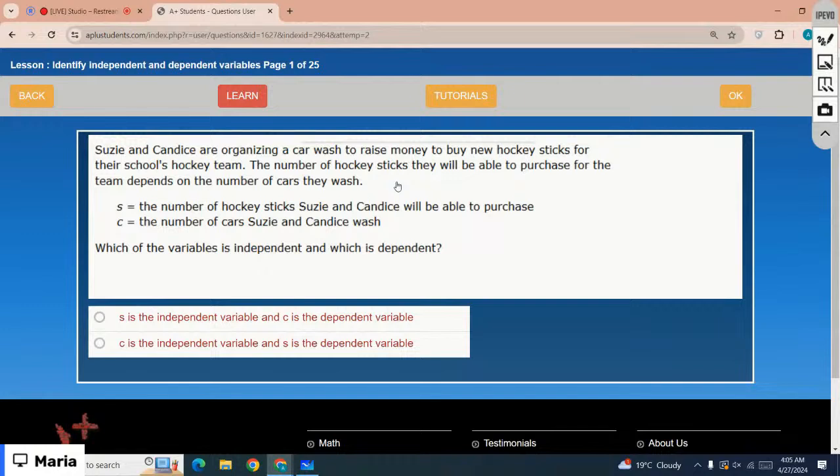The number of hockey sticks they will be able to purchase for the team depends on the number of cars they wash. So S is the number of hockey sticks Susie and Candice will be able to purchase, and C is the number of cars Susie and Candice wash.